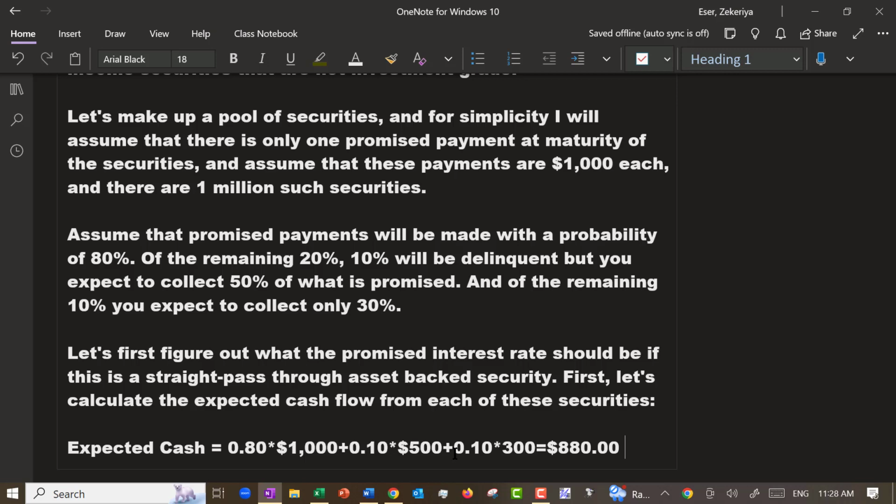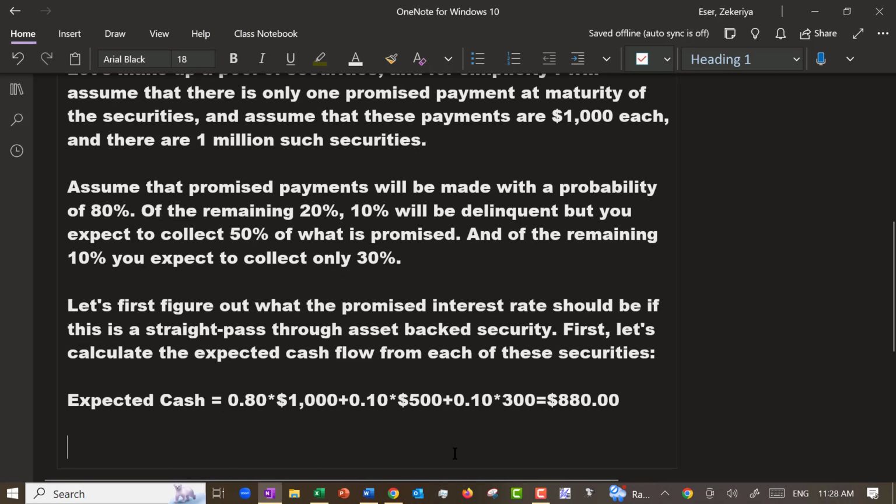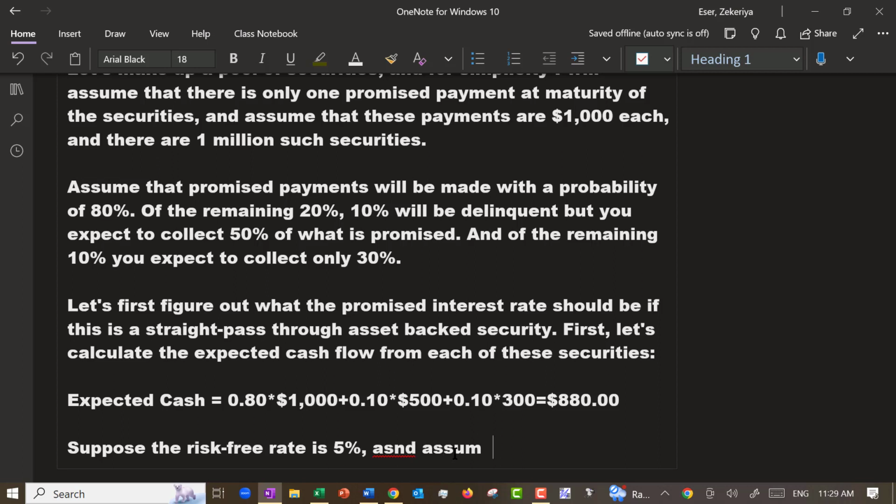Now, suppose the risk-free rate is 5%, and assume that all payments are due in a year.